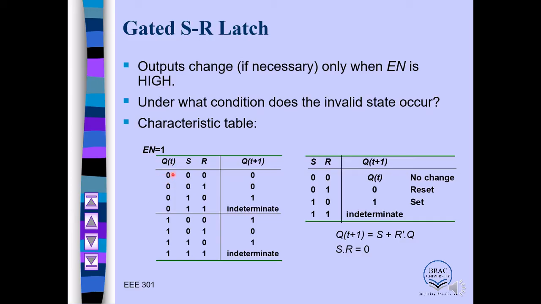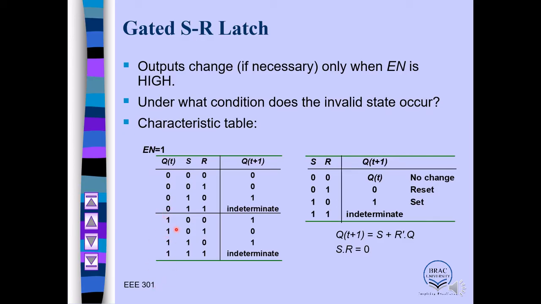Your previous value is 0, so the next value is 0. For 0, 1, it is reset to 0. For 1, 0, it is set to 1. And 1, 1 is an intermediate state. This is when your present state is 0.